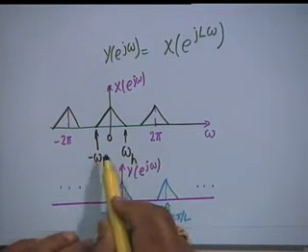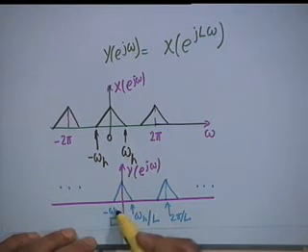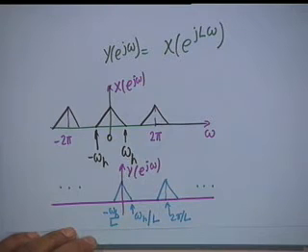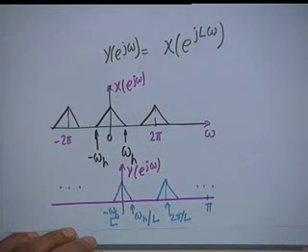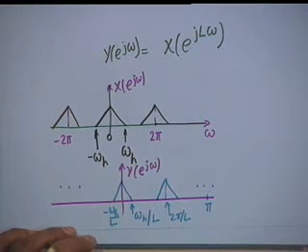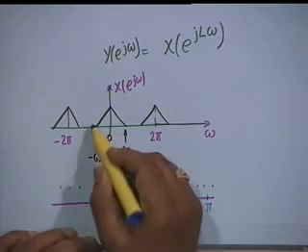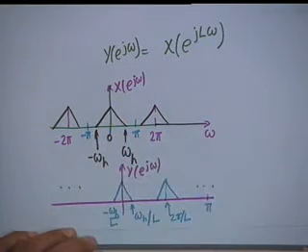What existed between minus omega h and plus omega h is now compressed to minus omega h by L and plus omega h by L, and therefore from 0 to pi, how many such repetitions shall be there? Obviously L minus 1 repetitions, okay? Whereas from minus pi to plus pi there was only one of these samples.